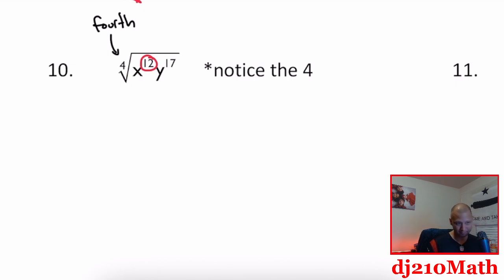There's 3, because 3 times 4 is 12. So there's 3 sets of 4. So x cubed is coming out. Now, for the y, there's 4 sets of 4, because 4 times 4 is 16. So there's 4 sets. And then there'll be a single y left over.